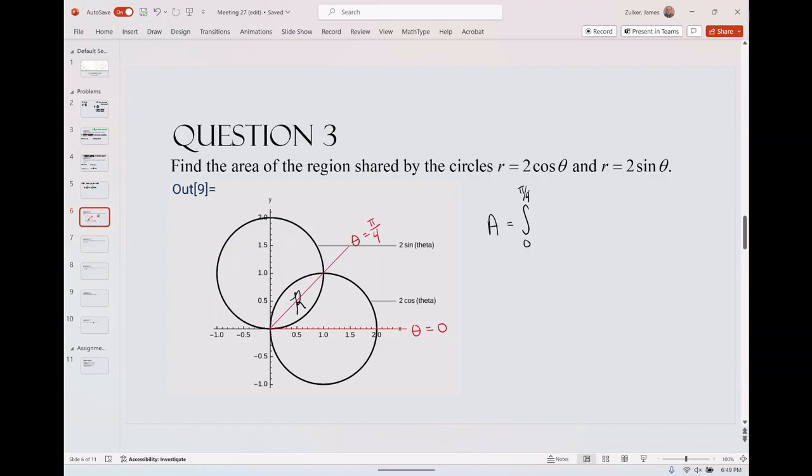So this lower circle here is actually part of this larger circle, which is the 2 sine. Which is 4 sine squared, because you have to square it. Use the reduction identity on sine squared.